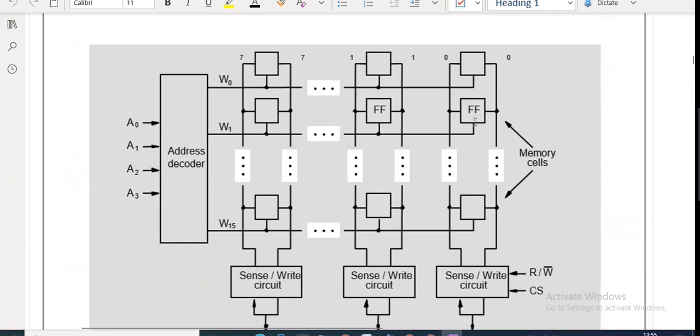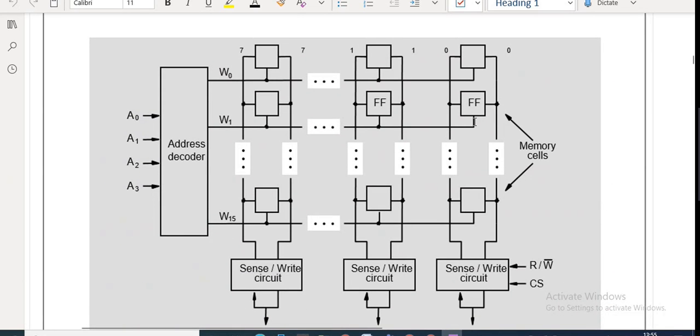So this diagram, is it clear? When I specify the organization 16 cross 8, what is the meaning? Everybody understood? Because next we are going for the higher number. So tell me the memory size. What do you mean by 1K? 1 kilobyte, what is the meaning of that? 1K is nothing but 2 power 10.